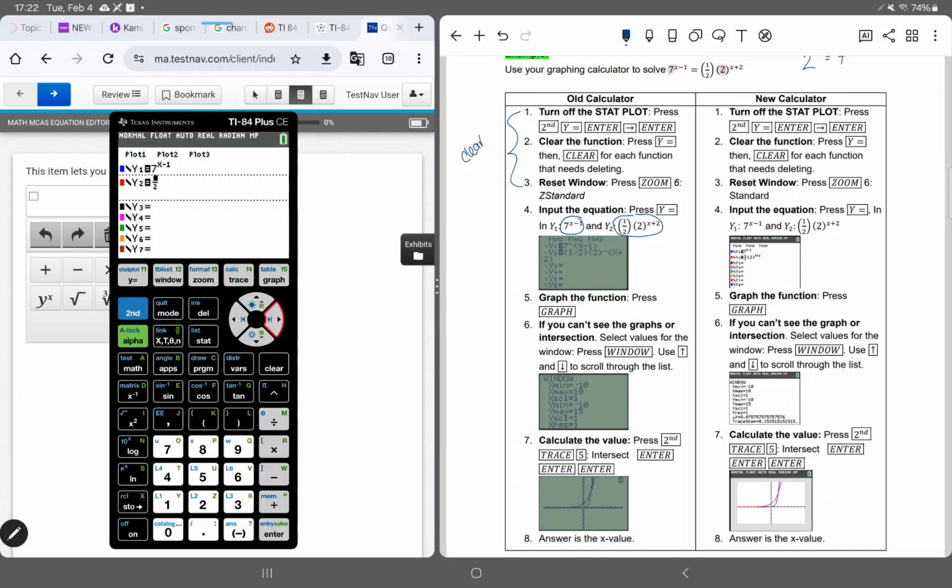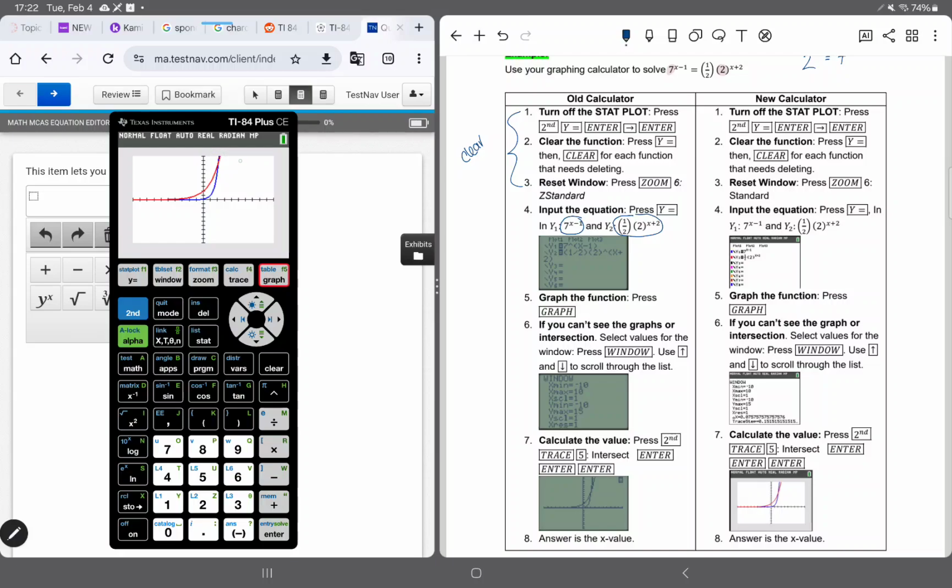If you have a slightly older calculator, you're going to hit alpha y equals, and then you're going to hit enter, and it's going to do the same thing. Then we're going to open a bracket, and we're going to have 2 to the power of x plus 2. So now we're going to graph that.